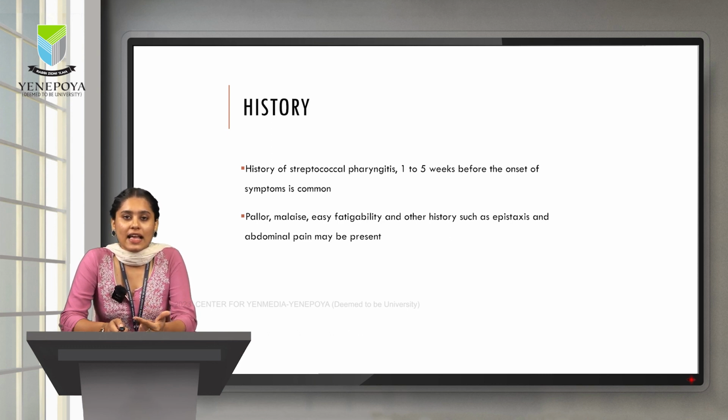Also, if the patient is having some signs such as pallor, then malaise, which is usually a generalized discomfort that the patient is facing, then easy fatigability, and other histories such as epistaxis, which is nothing but bleeding of the nose, and abdominal pain may be present in some of the patients.